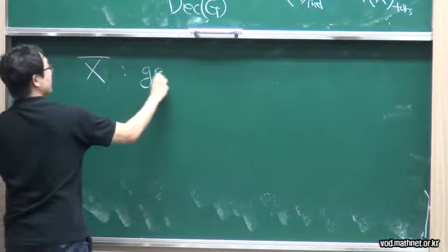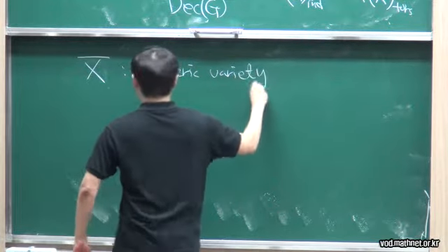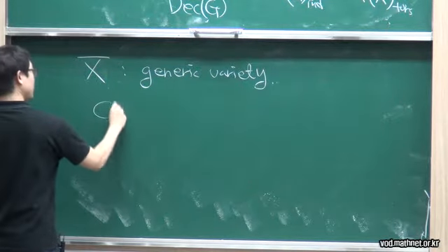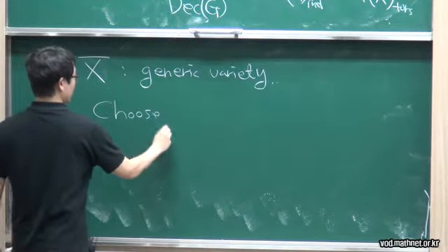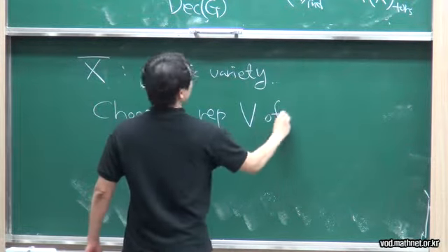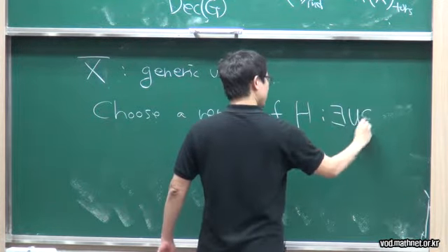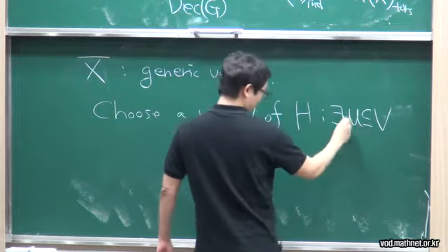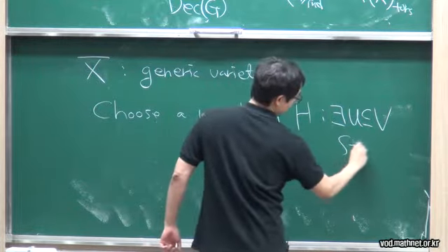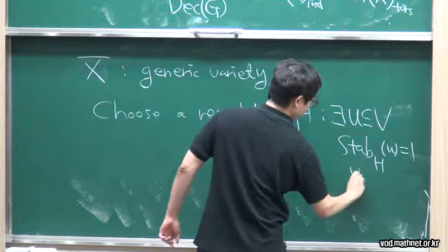This is a generic variety, and the construction is as follows. You choose a representation V of H such that there exists an open subset U on which H acts freely, so the stabilizer is trivial.